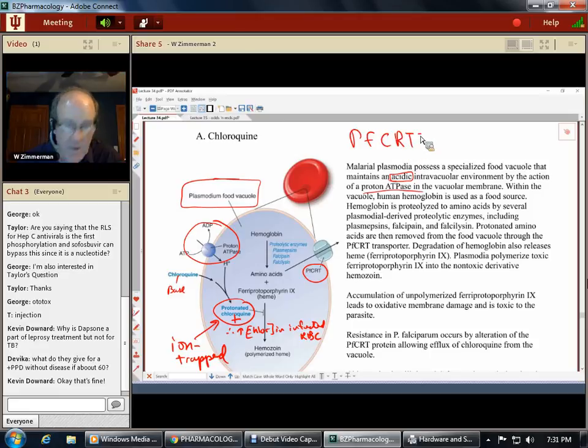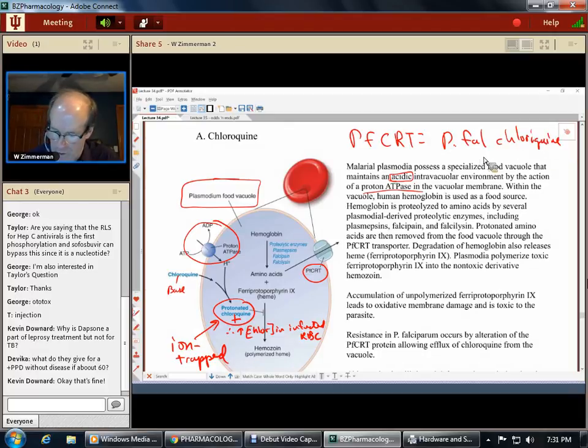PFCRT is Plasmodium falciparum chloroquine resistance transporter. Not something that you're going to see on the boards or on my test, you guys, but they've studied this so carefully and looked at it for so long because it is such a world health problem.